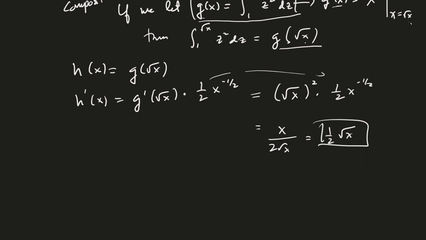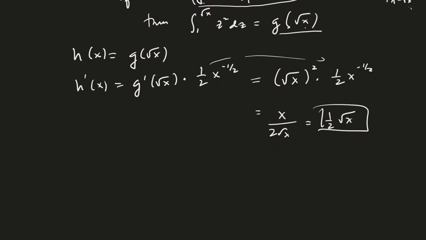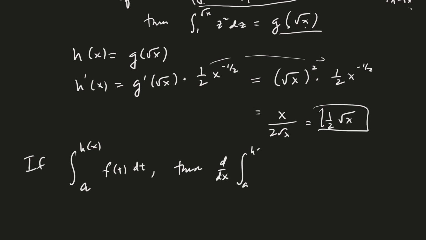And so let's review that. If we have the integral from a to, let's say, h of x, f of t dt, how do we differentiate that? Then d over dx we can think of as a composition, so it's the derivative of g of h of x, right?